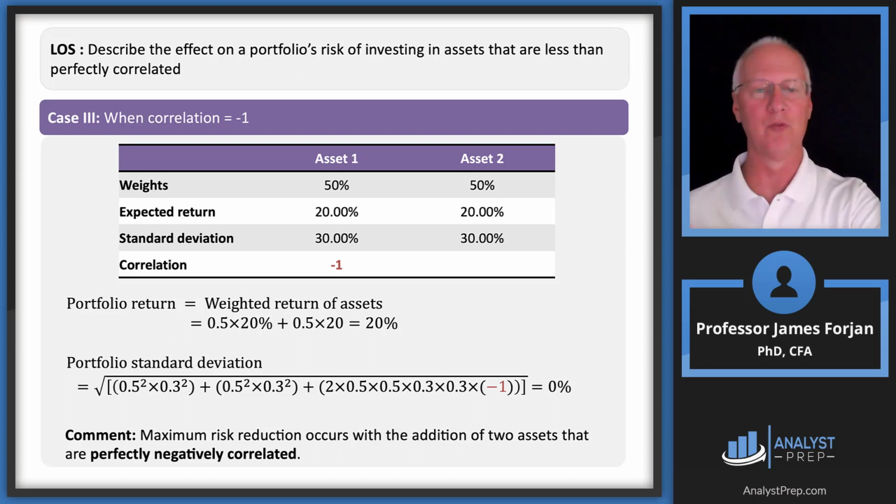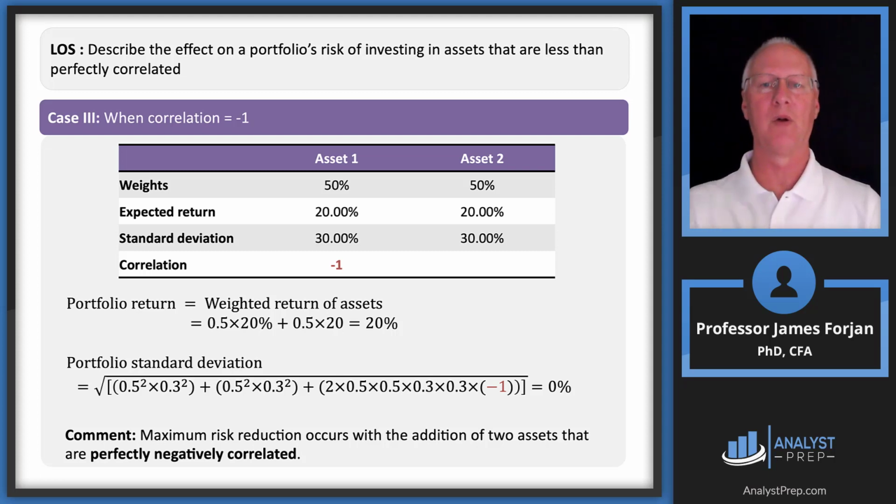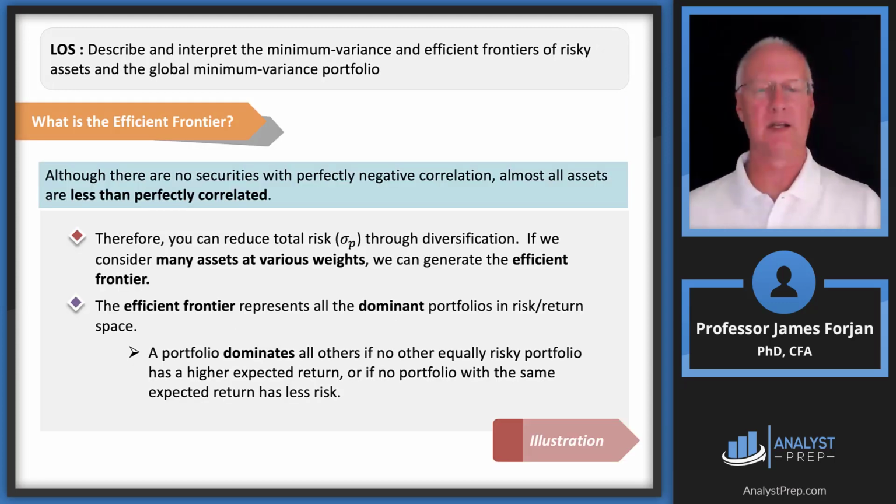These are super cool slides to illustrate the benefits of diversification. But what are we doing here in this LOS? Describe the effect of a portfolio's risk that are less than perfectly correlated. Boy, this is a beautiful slide deck that illustrates this topic perfectly and completely.